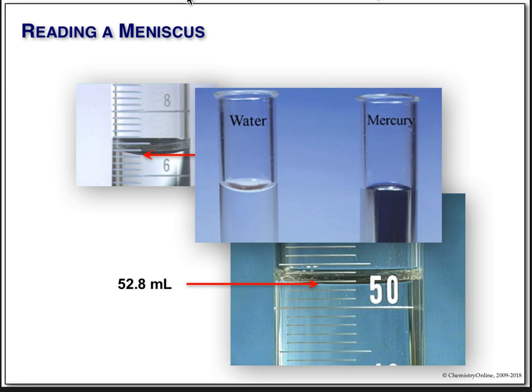Something like mercury, however, is not polar. It's a liquid metal. And as you see, it forms a positive meniscus. If you have a positive meniscus, you read from the top. So for the negative, you read from the bottom, positive from the top. Any questions?